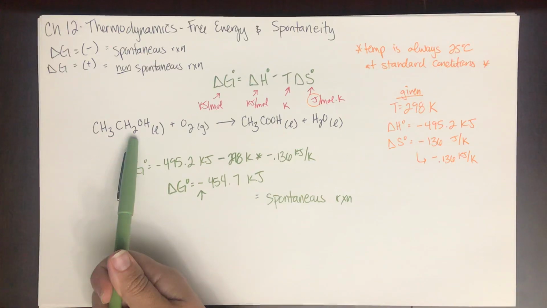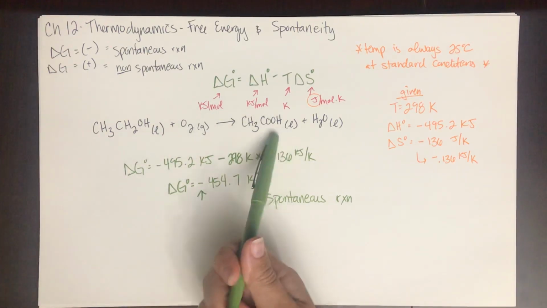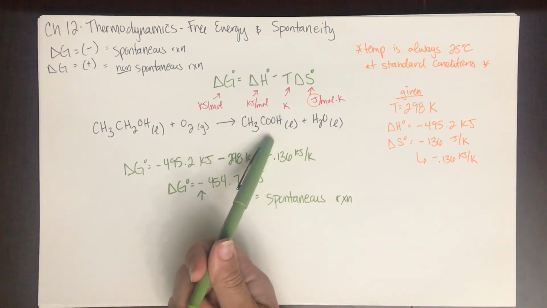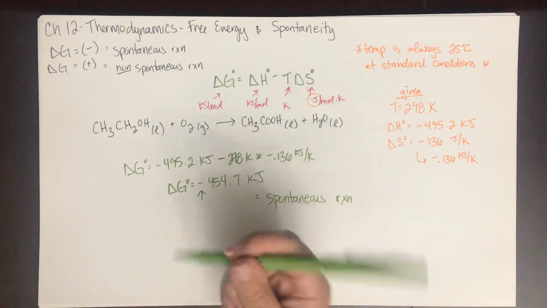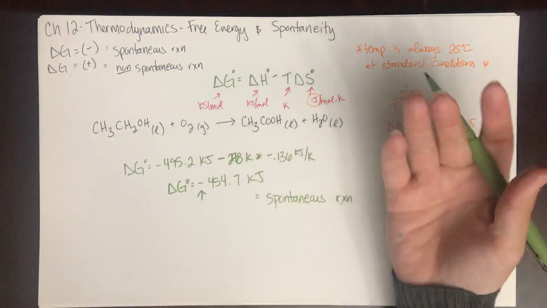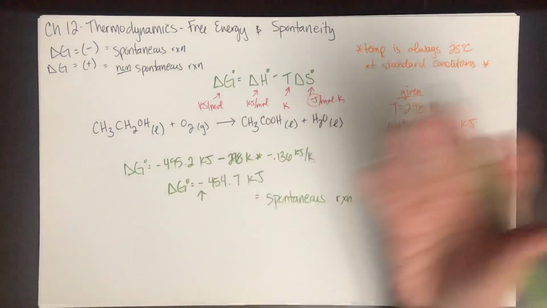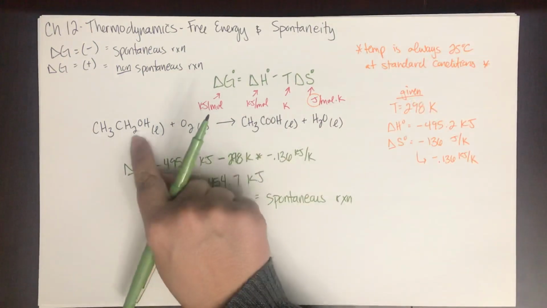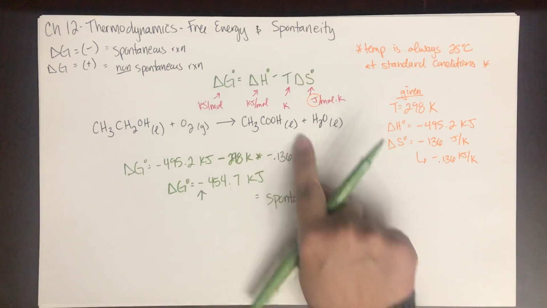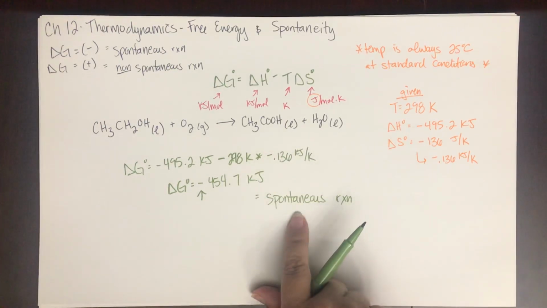It oxidizes this ethyl alcohol to produce acetic acid, which is vinegar, and water, which is why if you open a bottle of wine and leave it for a long time, it goes bad because the ethyl alcohol is being converted to vinegar. This is how vinegar is made from wine. Red wine vinegar is red wine that's been converted to vinegar. So this is a spontaneous process. You don't have to put any energy in for this to happen.